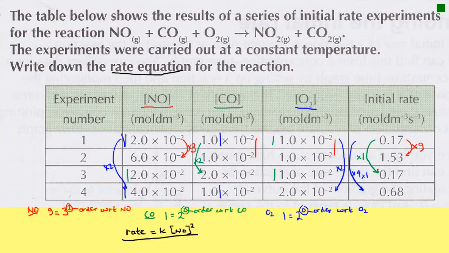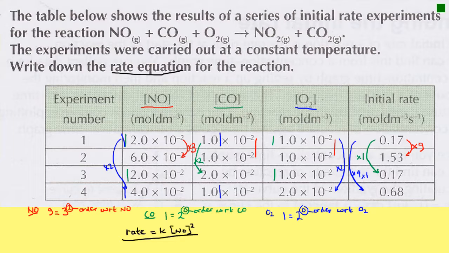So the first thing we need to do before we look at the effect that the change in concentration of oxygen will have on the rate is work out what the change in concentration of nitrogen monoxide has on that rate. Now we have doubled the concentration of nitrogen monoxide from 2 to 4, and so you would expect that to quadruple the rate.